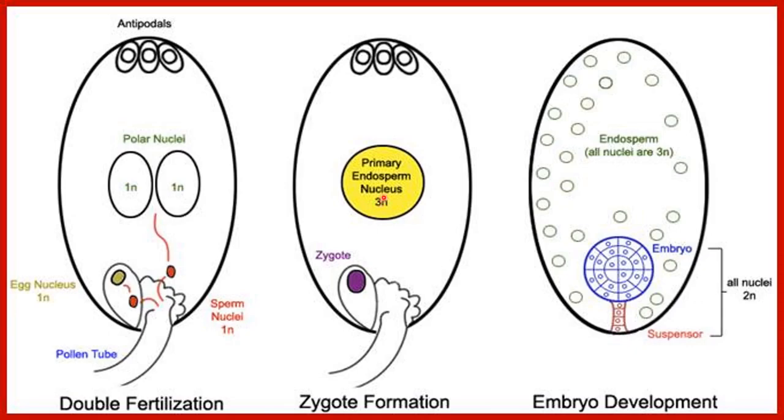And why is this 3N written here? Because this is triploid. For triploid we write 3N, for diploid we write 2N, for haploid we write 1N. Like 1N is written here for the polar nuclei because these two are haploid. Then one more haploid structure, the male gamete, when it fuses with this, the primary endosperm nucleus, which is triploid, is formed here, right?